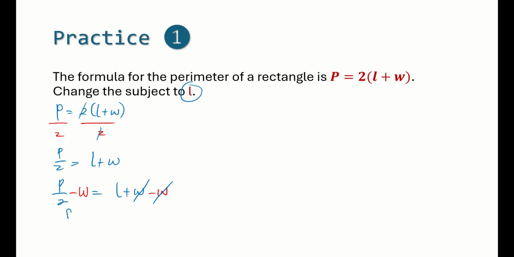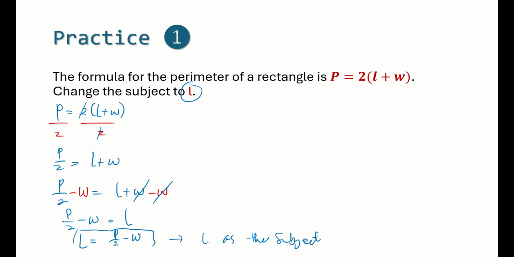And then p over 2 minus w equals l. So we have l now, and you only need to switch the position. l equals p over 2 minus w. So this is our final answer, and now l is the subject.